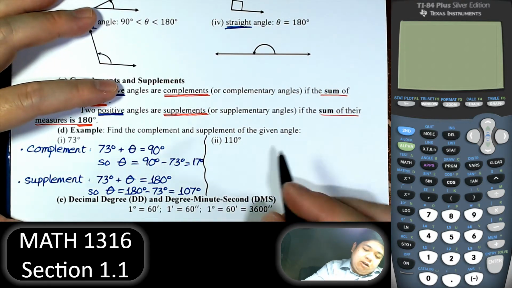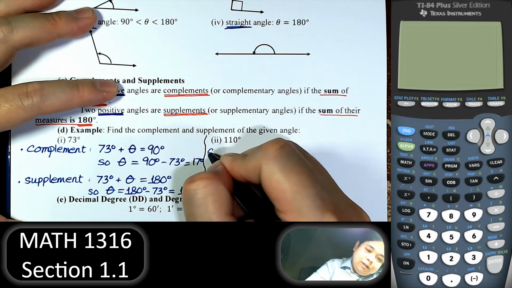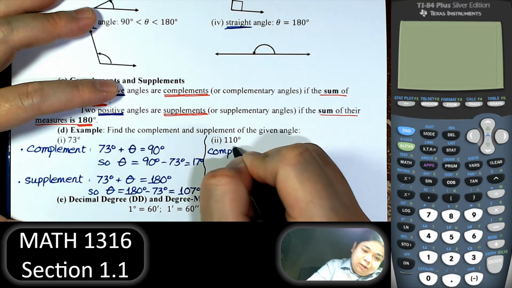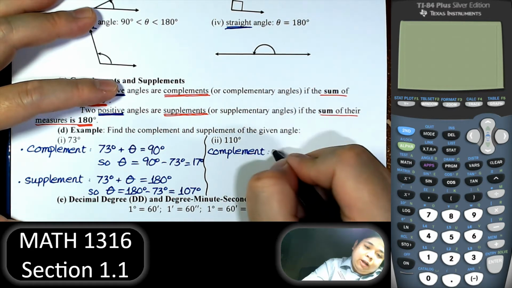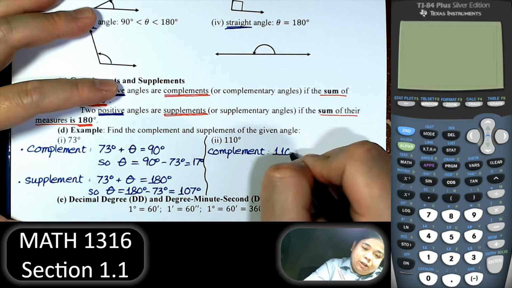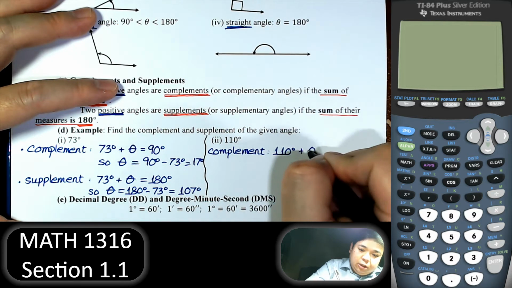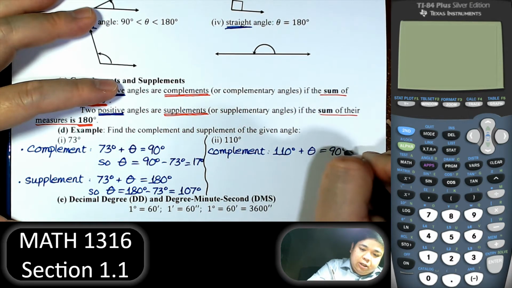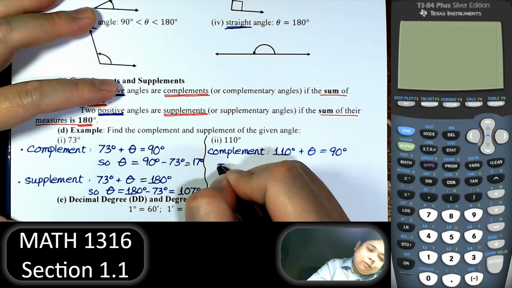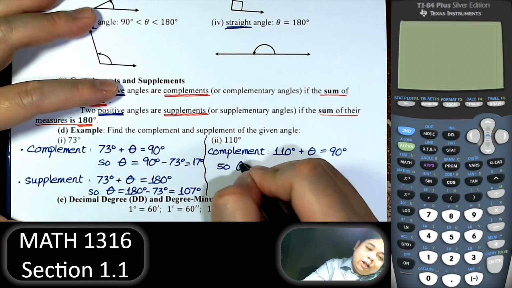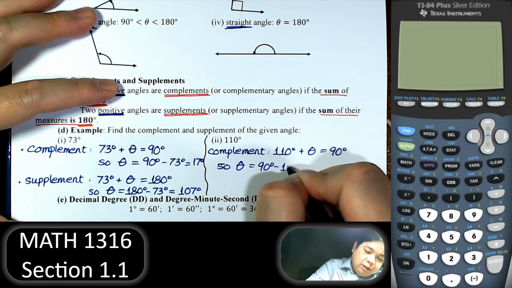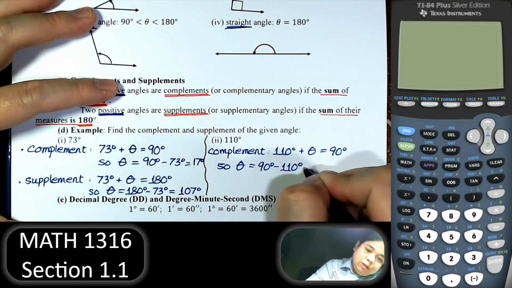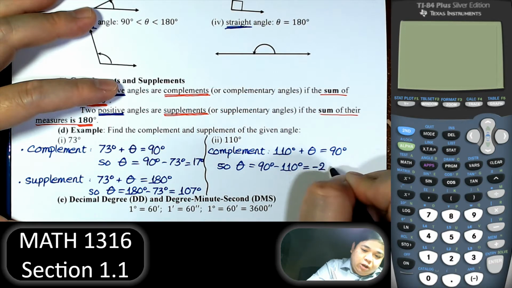Next, 110 degrees. Find the complement. It will add up to 90 degrees. So theta equals 90 minus 110, equal to negative 20 degrees.